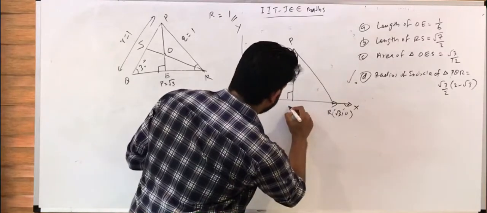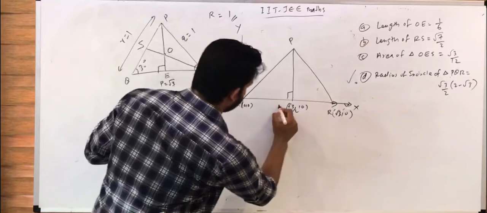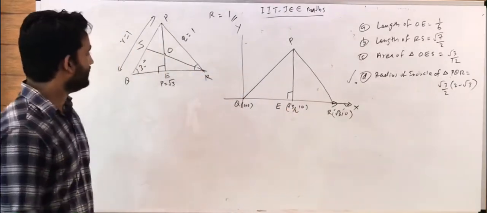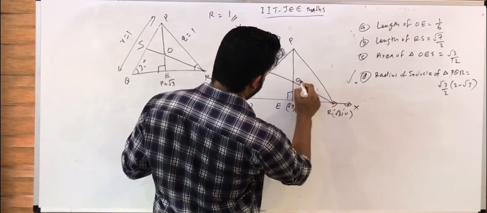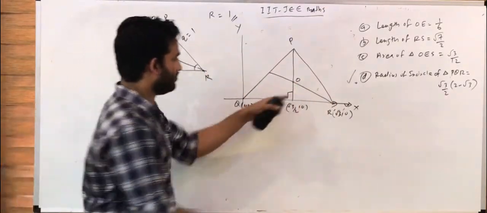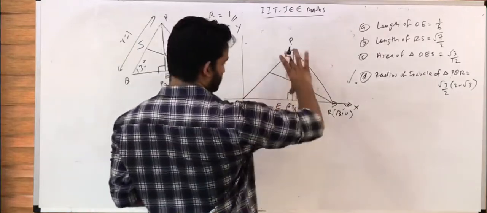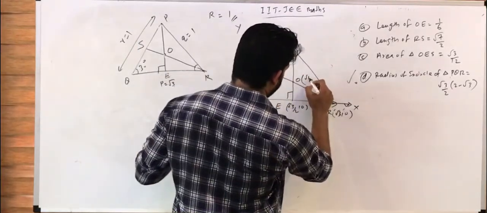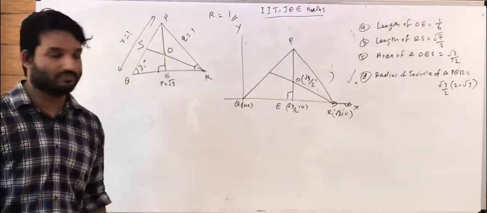So the coordinates of E we get as root 3 by 2, 0. Here is the point O, whose x coordinate remains the same as E because it is on the perpendicular, so root 3 by 2, comma, the y coordinate we need to find out.